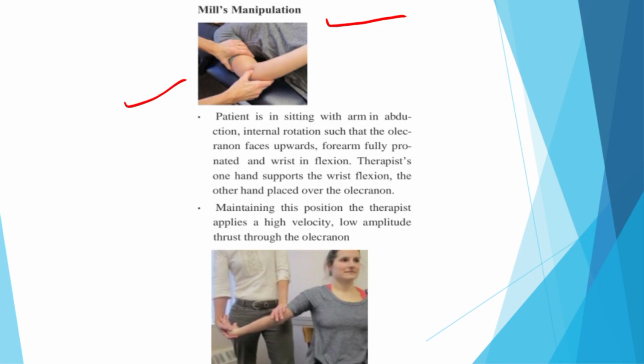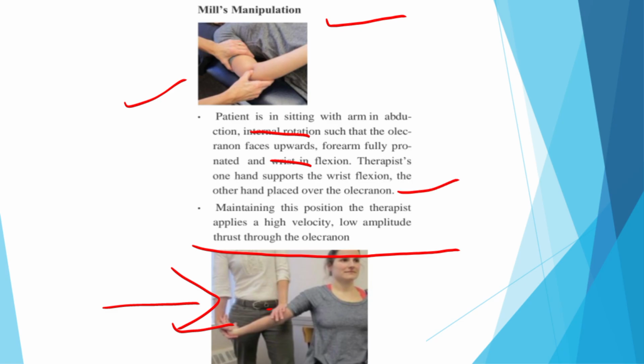Here you can see the picture. This is the starting position, and this is the position where we go for manipulation. The patient is sitting with the arm in abduction and internal rotation, with the acromion facing upward, forearm fully pronated and wrist in flexion. The therapist holds the wrist in flexion with one hand, and the other hand is placed over the olecranon.